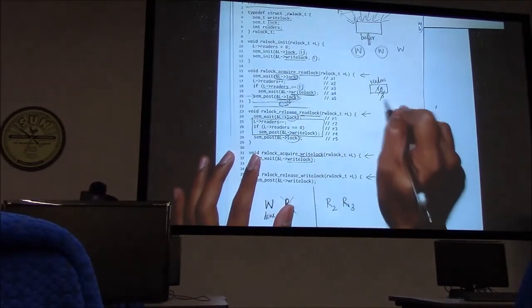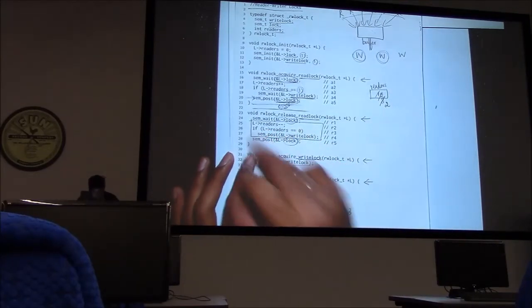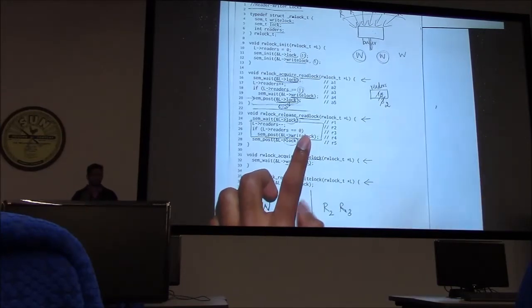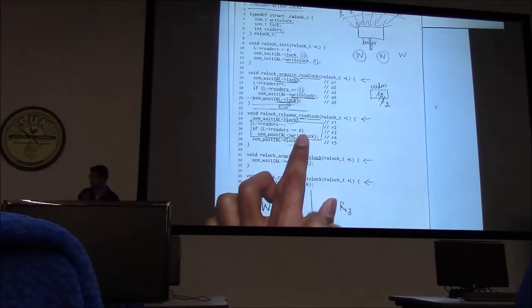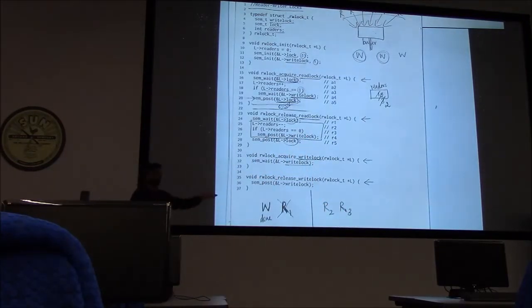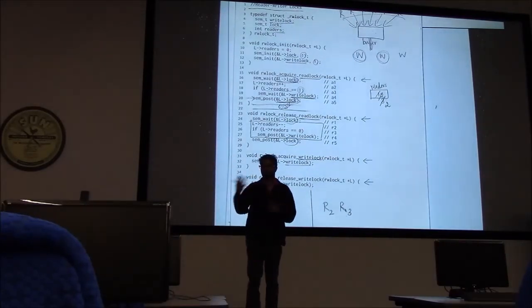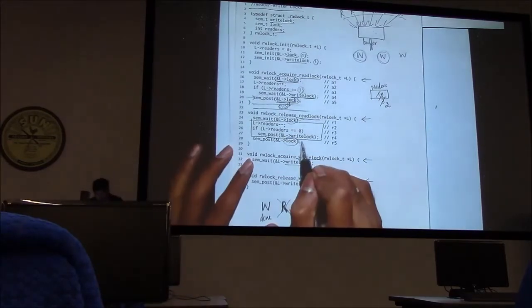We decrement the readers count by 1, and check if this is the last reader. If we are the last reader, then this value is going to be 0. In that case, release the write lock so that other writers who are interested in writing to the buffer can acquire the lock and proceed.